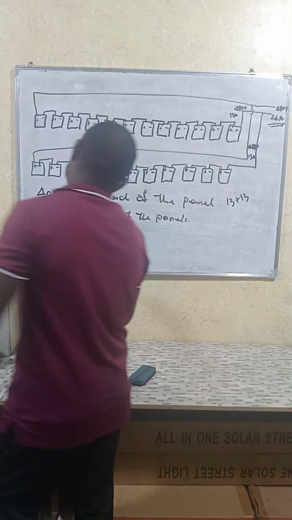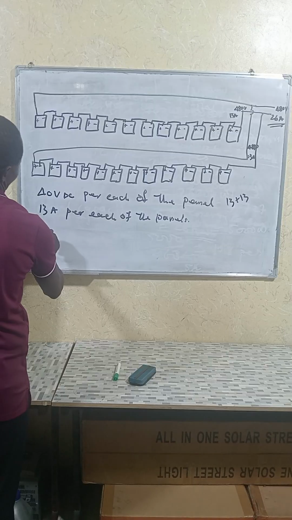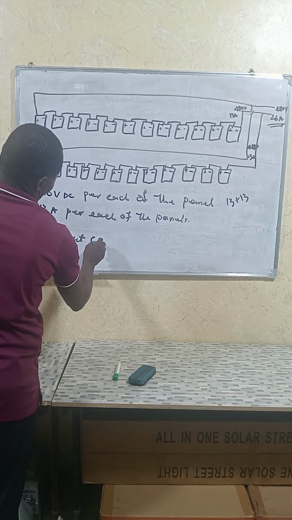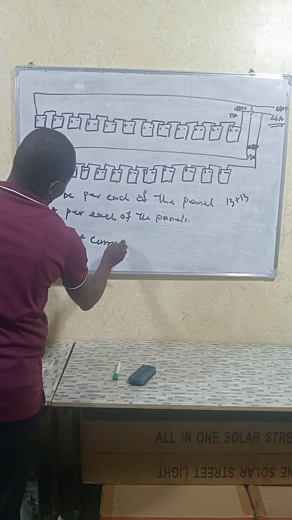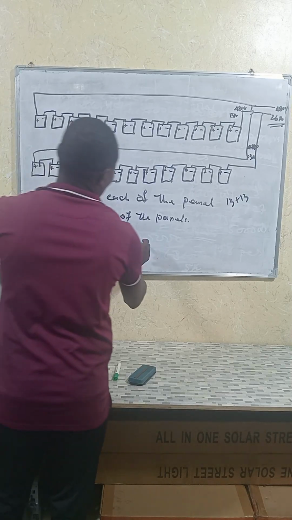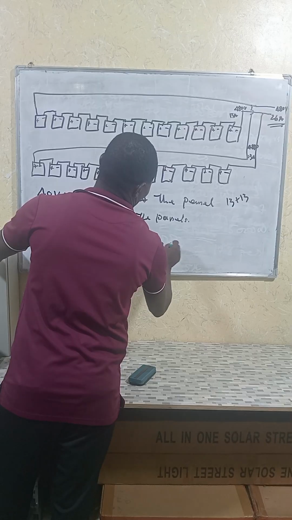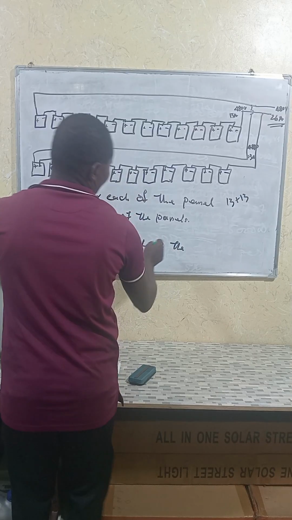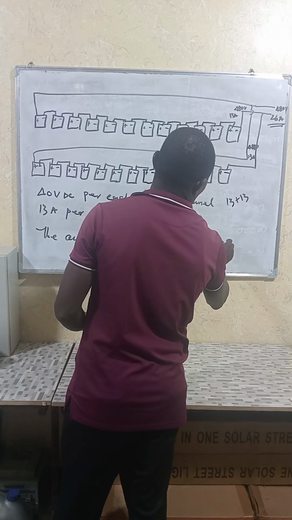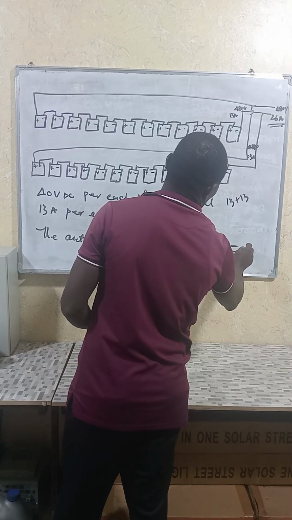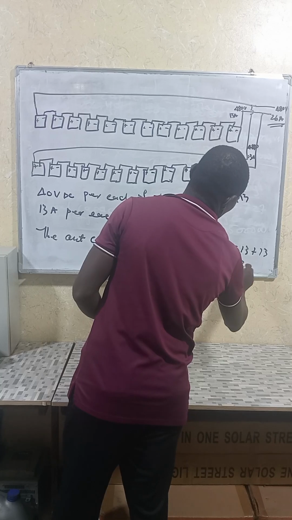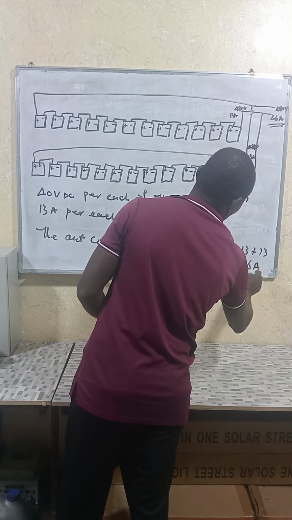So the output current of the circuit is equal to 13 plus 13 equals 26 amps.